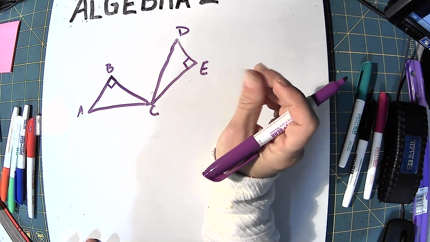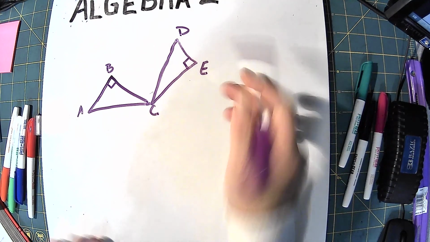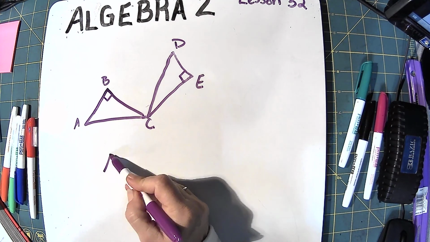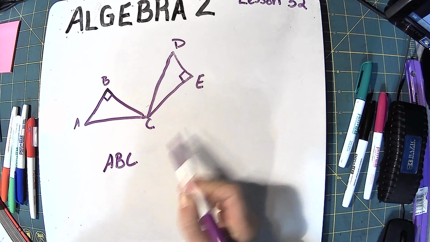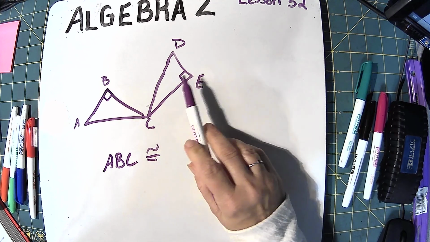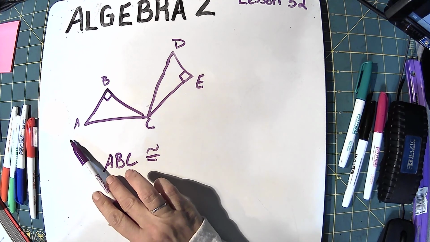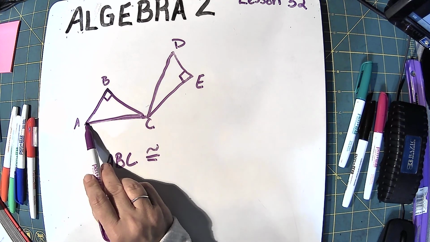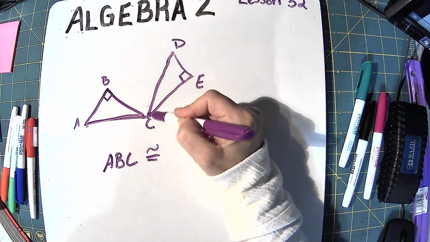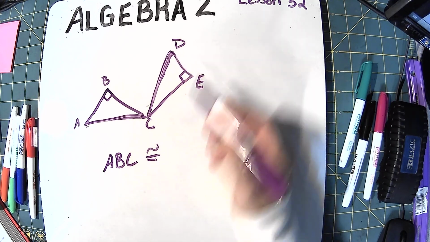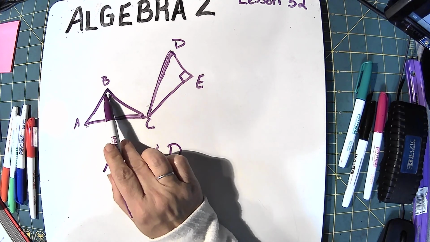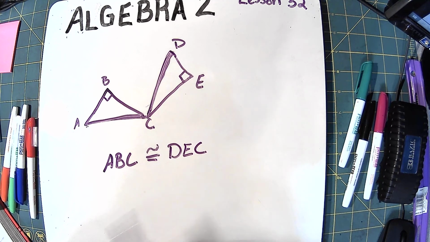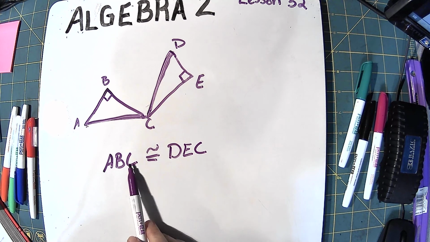So we want to be careful and make sure that when we write that these are congruent, we're going to name this angle ABC is congruent to, now we got to make sure we keep them in the right order. So this one by the hypotenuse right here is A, so that would be congruent with D. So we're going to go D, and then our right angle one comes next, E, and then C would have to come last, okay, because C came last on this one.